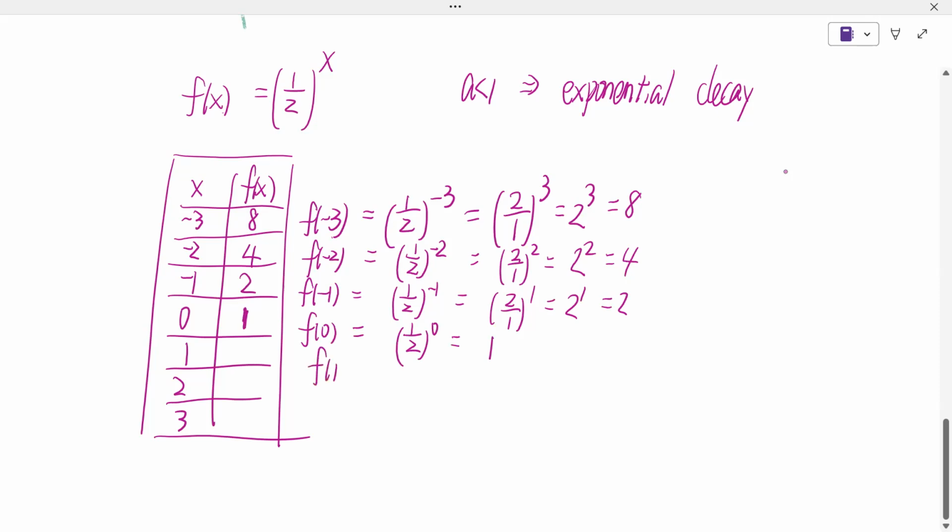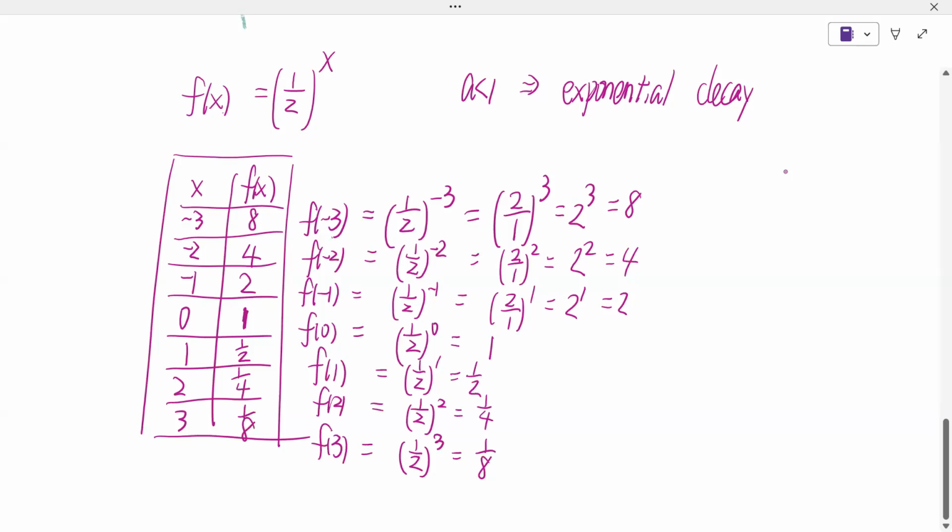And f of 1, half to the first, half. And f of 2, half to the second, that's going to be a quarter. And f of 3 is half to the third, which is 1 over 8.